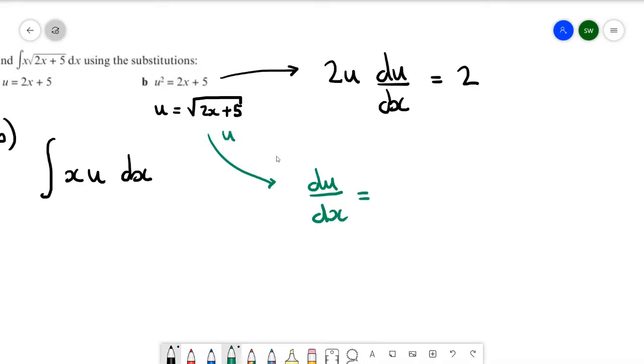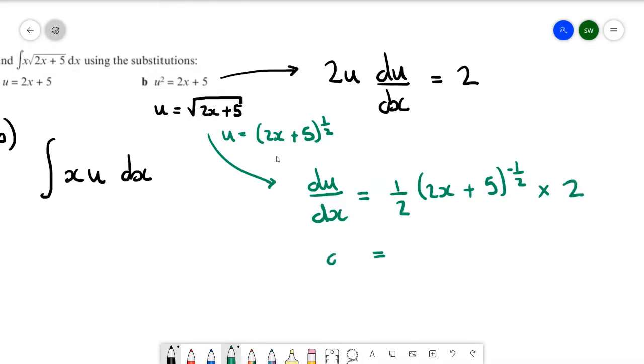And I guess we could probably write this as 2x plus 5 to the power of a half. And then if we did the chain rule, we would times by the power and reduce the power by 1. But then we'd have to times by the derivative of the inside function, which is 2.